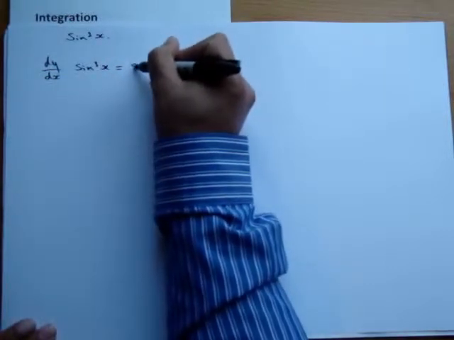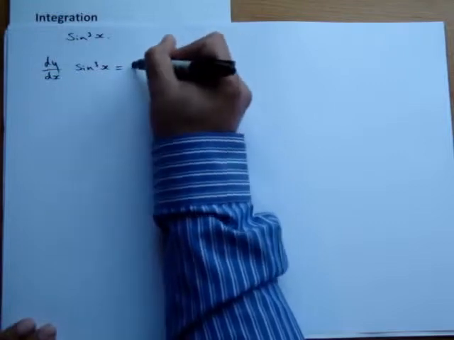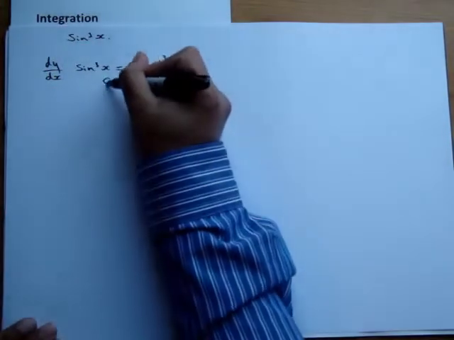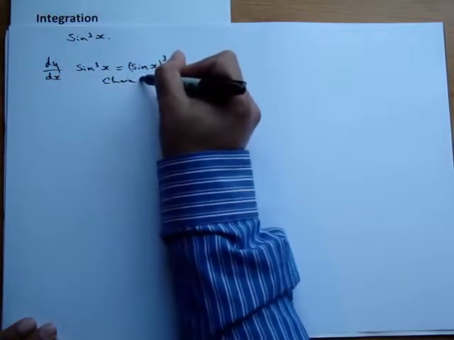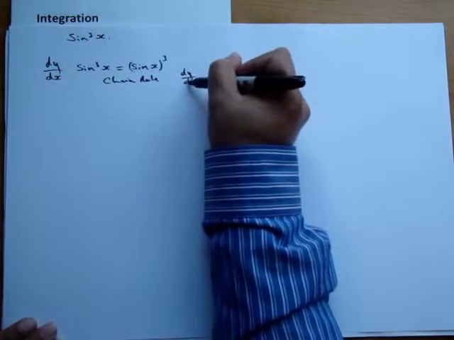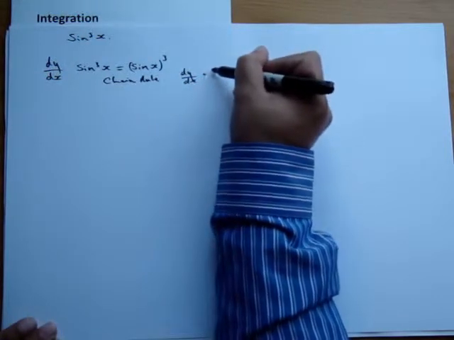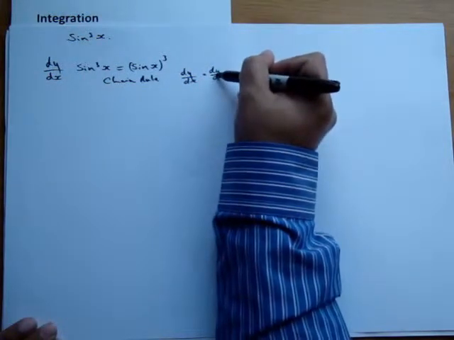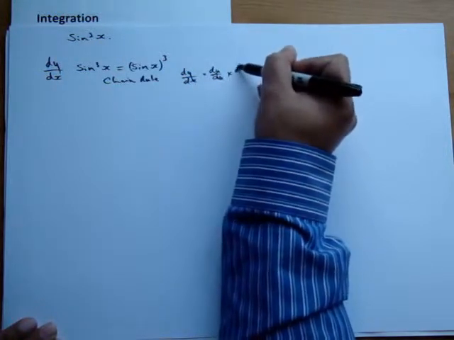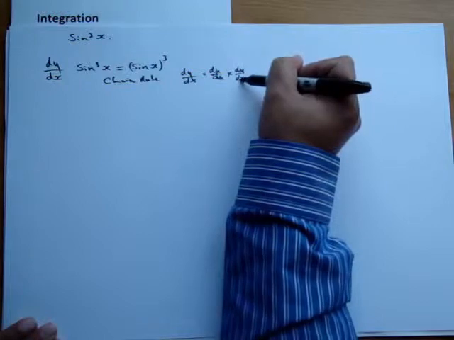This can also be written as sine x all cubed, using the chain rule, which is dy by dx equals dy by du times du by dx.